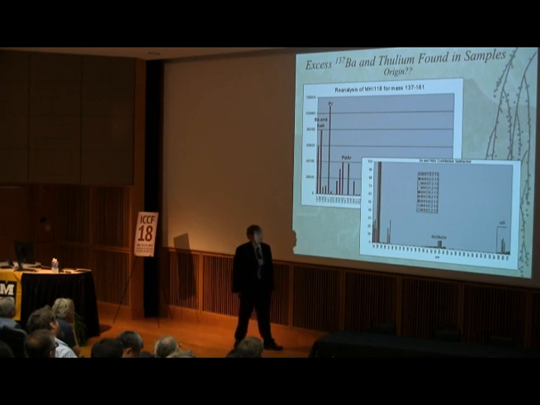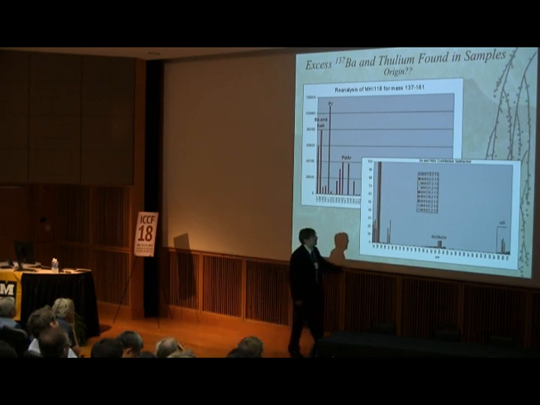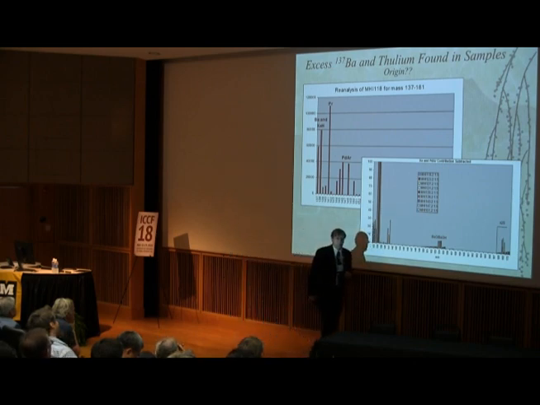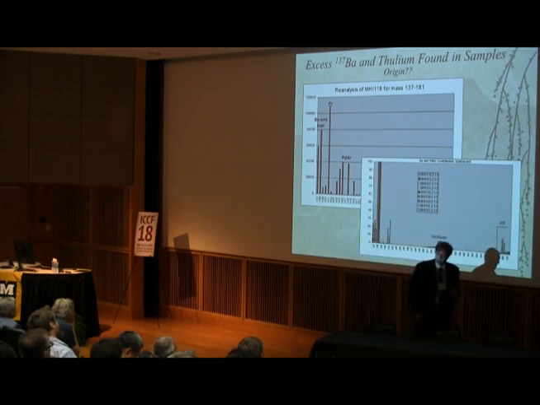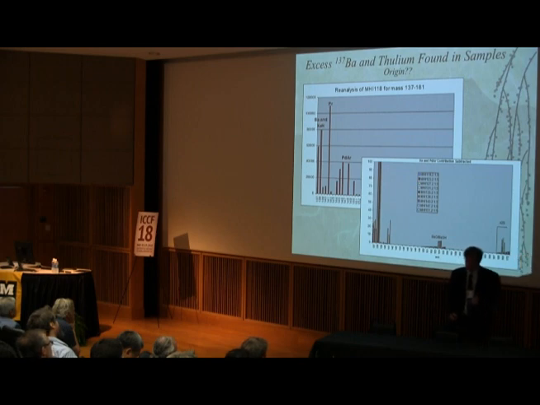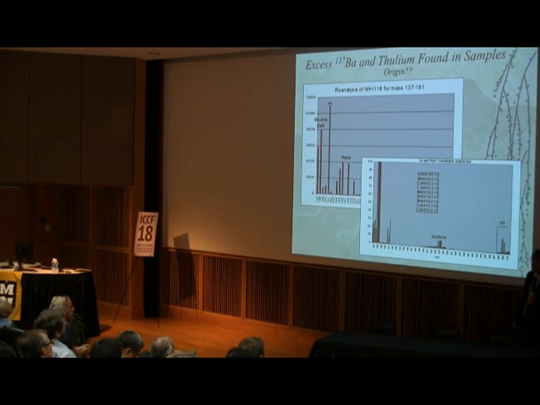One other thing we found in this is the positive samples had an unusual isotopic ratio on barium. They had excess barium 137. Isotopic anomaly in this sample. It really was in the positive samples. Unfortunately, they also handled barium 137, pure isotope, in the laboratory. So all the positive samples had thulium and barium 137.